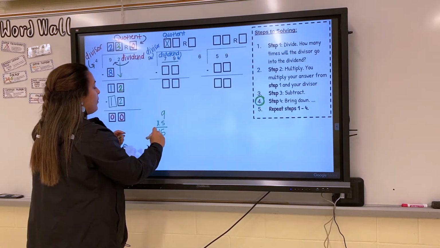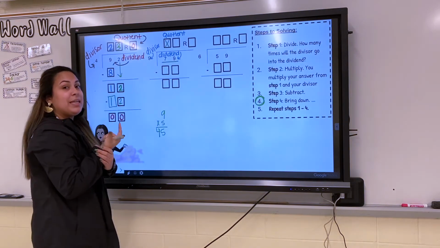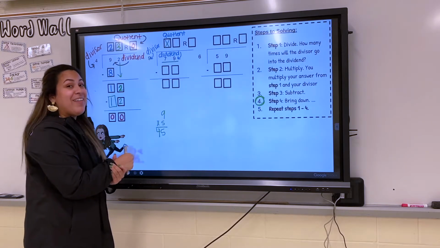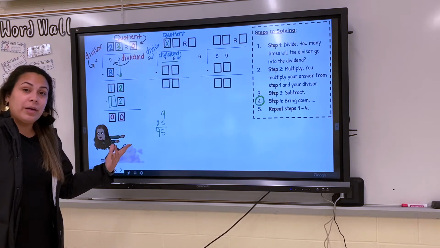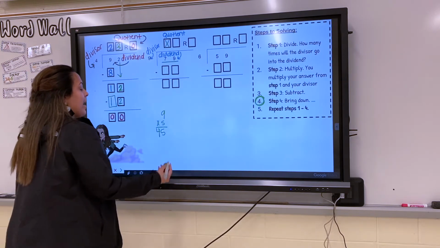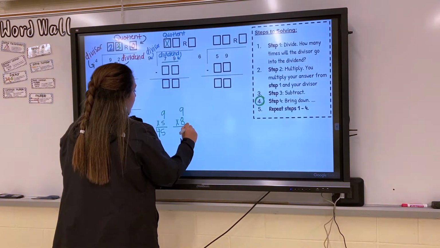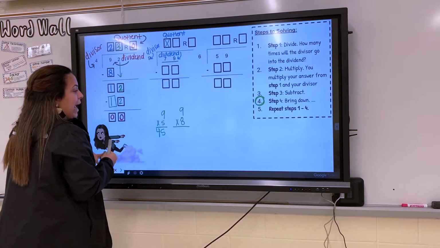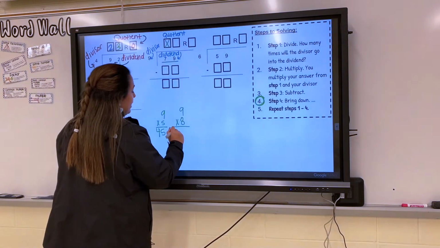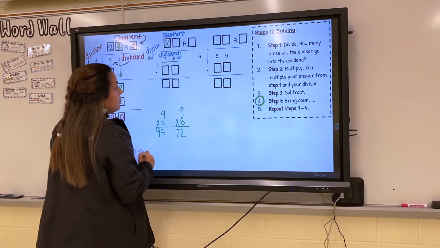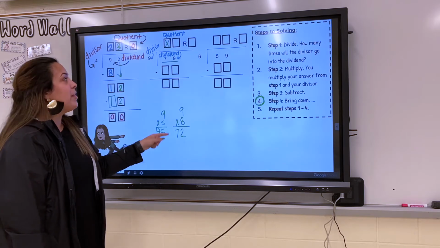So I could probably multiply by 6, but I want to get as close to 79 as I can. 45 isn't that close right now, so I'm just going to multiply by a random number higher than 5, and I'm going to choose 8. 9 times 8 is 72. 72 is closer to 79 than 45 was, so that could work.